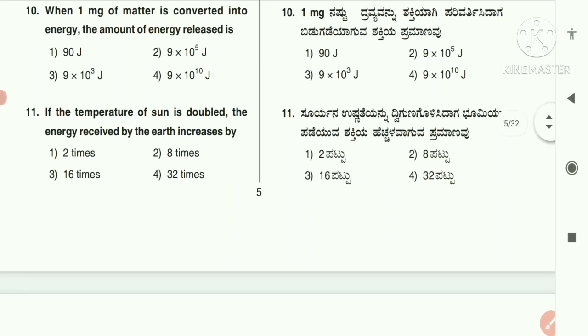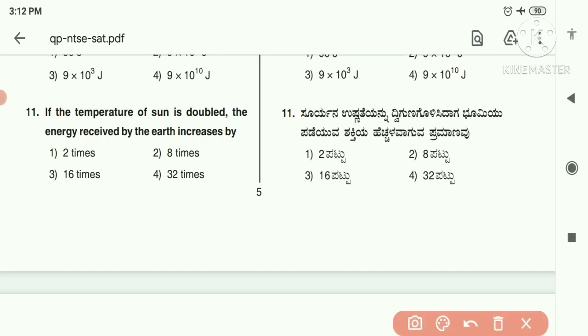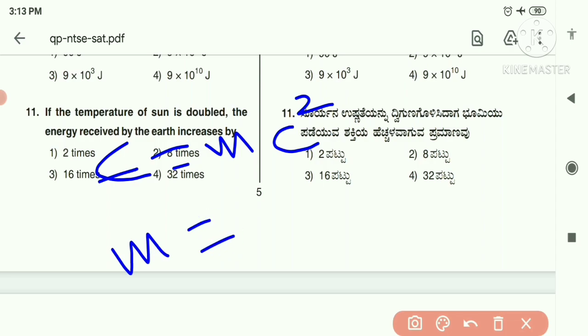So here is the formula. We can write E is equal to mc squared. In that condition, m is given as 1 milligram, so we have to convert milligram into kg.